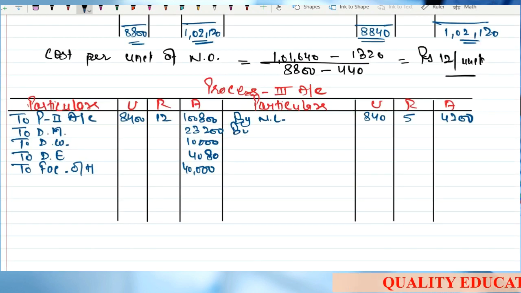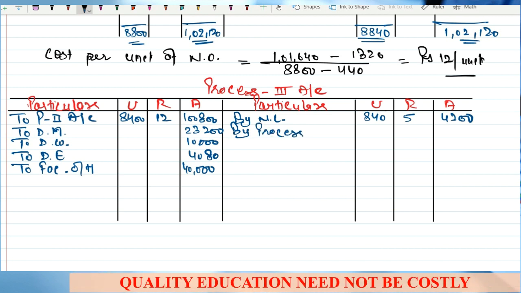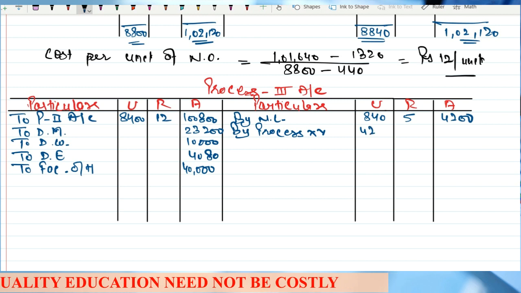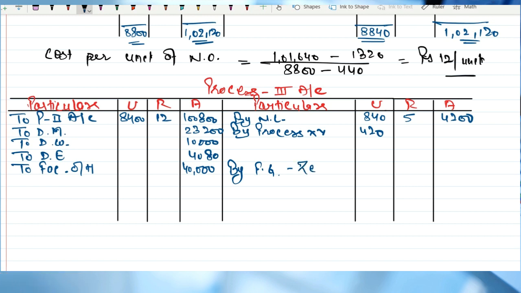So here we'll write by process XY, that is your byproduct that is to be processed in the next one, 420. Then we have by finished goods, that is a finished good product Zenu, that is 7000 units. Clear?